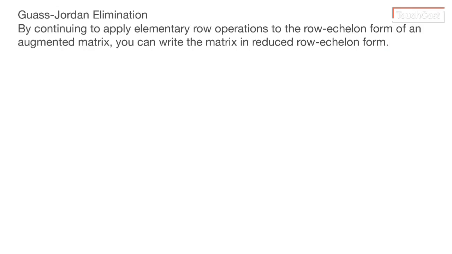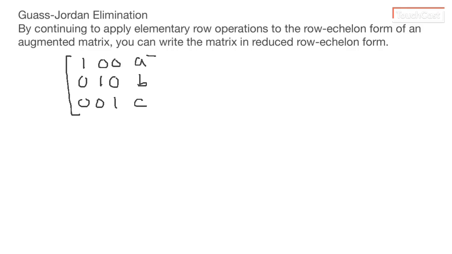And reduced row echelon form is going to give you a matrix where in the first row you're going to have 1 followed by 2 zeros, or as many zeros as you have variables, and then a value. We'll call that A. And then a 0, 1, 0, followed by a B. And it's going to be a triangle identity followed by a value.